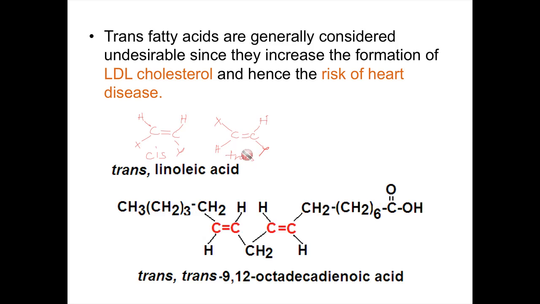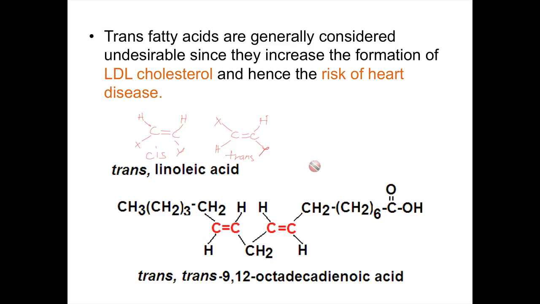Alright? And this is an unfortunate byproduct of when you hydrogenate fats. You turn some of the naturally occurring cis double bonds into trans double bonds. Now here's the thing. If you remember, you will know that cis double bonds form kinks in the molecule and they prevent close packing.